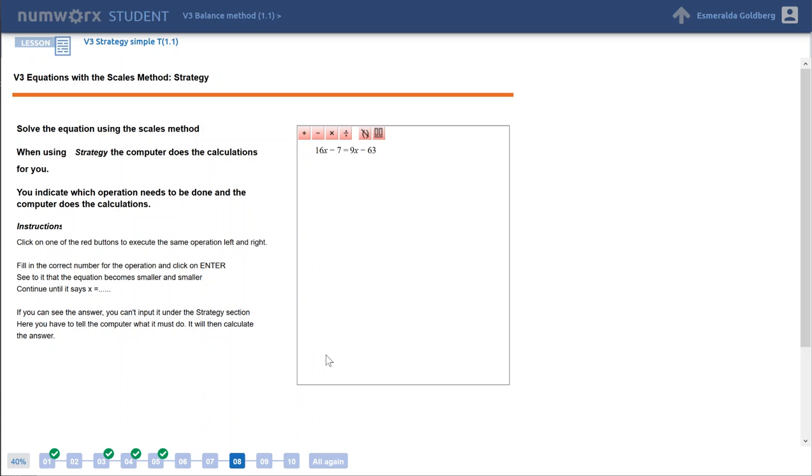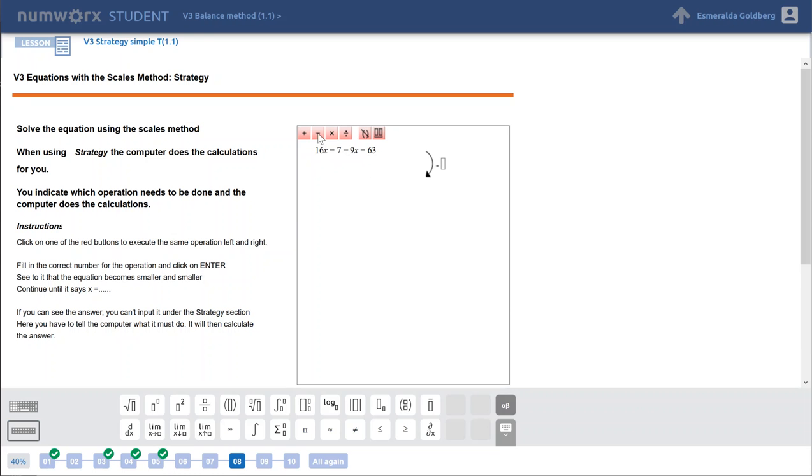Exercise 8. 16x minus 7 equals 9x minus 63. The 9x on the right-hand side we can remove by pressing the minus button, typing in 9x, and I get 7x minus 7 equals minus 63.